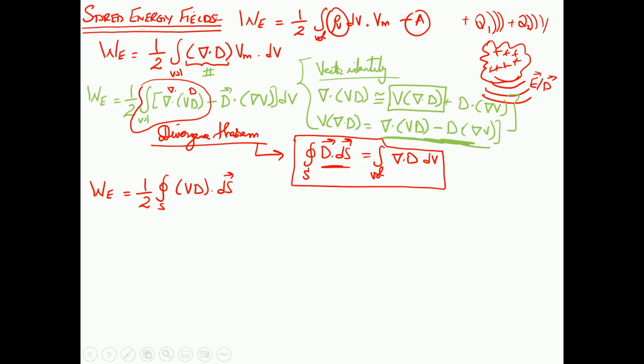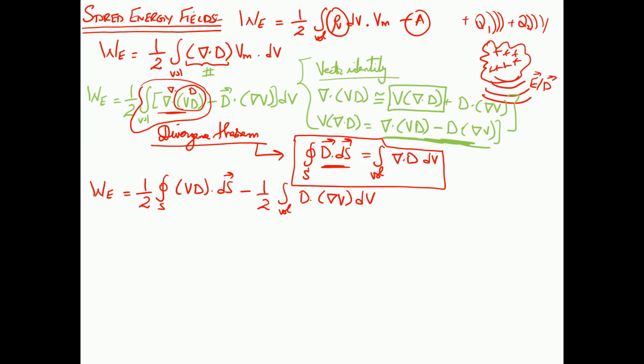I have basically replaced this portion with this part, and the remaining equation remains the same, where it is 1 by 2 volume integral of D multiplied with the divergence of V dV. So this is what I am getting.